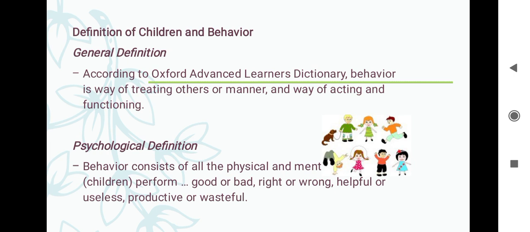According to Oxford Advanced Learners Dictionary, it's not only Oxford, you can Google it, or you can find any dictionary available that would be giving you about the same definition of behavior. All right, so behavior basically is a way of treating others, or behavior is a manner and way of acting and functioning. So behave.